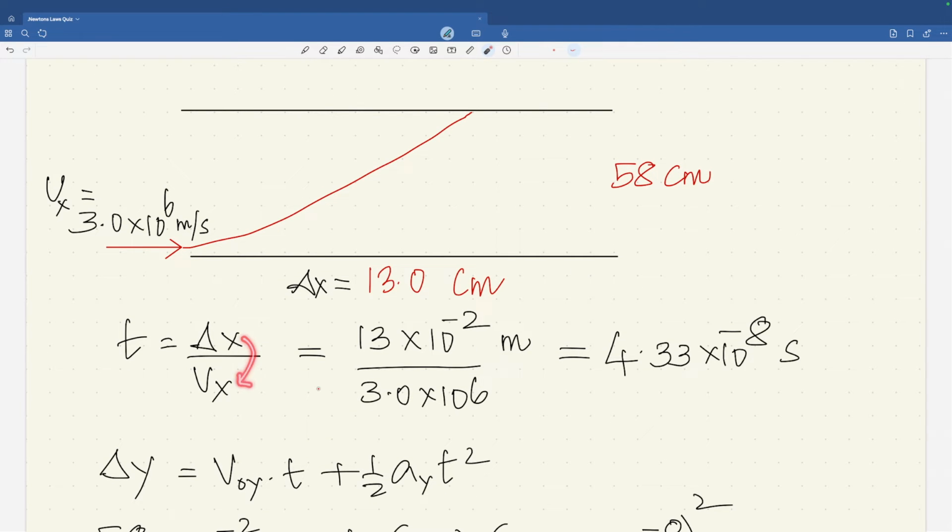You've got to change this into meter, which I've done here. Divide by the velocity and you get this very small time. Once you get that small time, we can figure out the acceleration, because we know delta y is 58 centimeter.